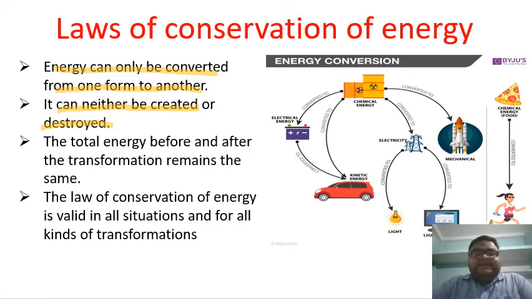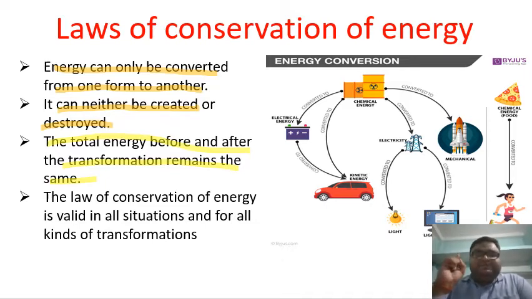Another thing is that the total energy before and after the transformation remains the same, right? The law of conservation of energy is valid in all situations for all kinds of transformation. It is not only applicable for a specific situation, it is applicable for all situations.